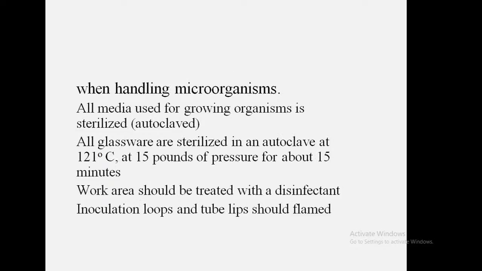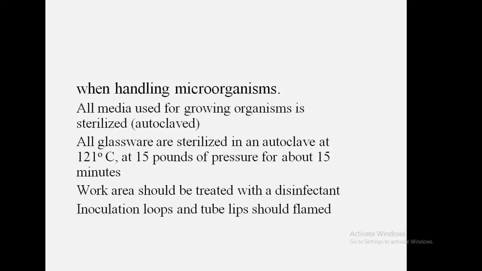When handling microorganisms, all media used for growing organisms is sterilized by autoclave or hot air oven. All glassware is sterilized in an autoclave at 121 degrees Celsius at 15 pounds of pressure for about 15 minutes. We have already studied the autoclave, which is used for sterilization, and this is the standard method for sterilization of glassware.